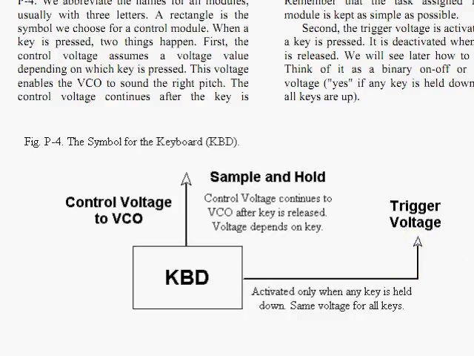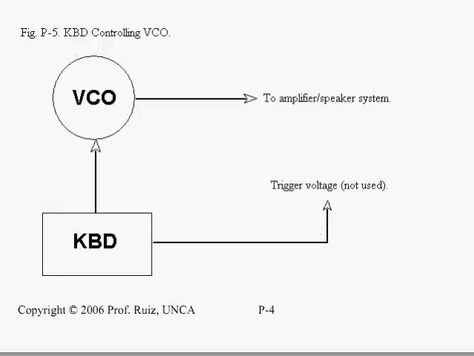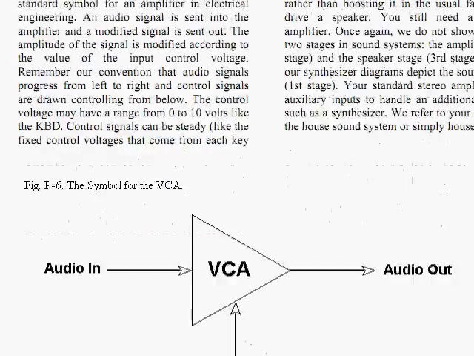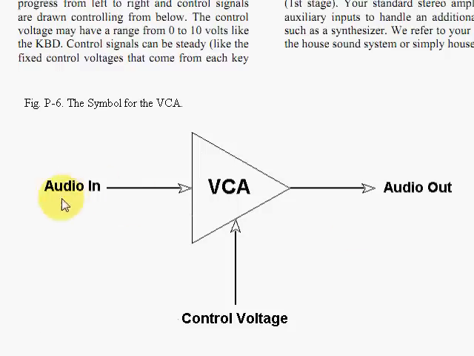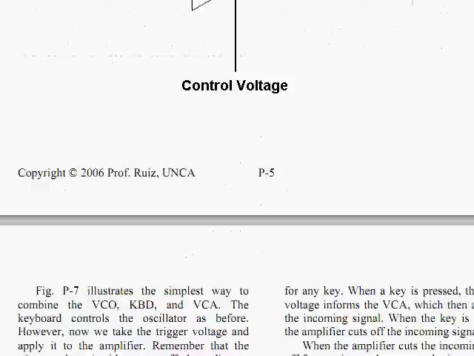So they're control voltages. And then here you see that you have your VCO as a source, a circle as a source. It doesn't need any signal coming in. It produces it. But the triangle needs to have a signal coming in and a signal going out. That's your amplifier control. Just imagine like opening a door or something, let more people in, or close a door, less can get through. So it's a loudness control.